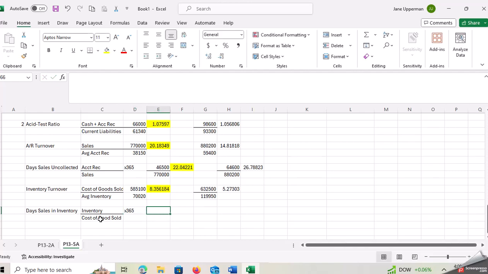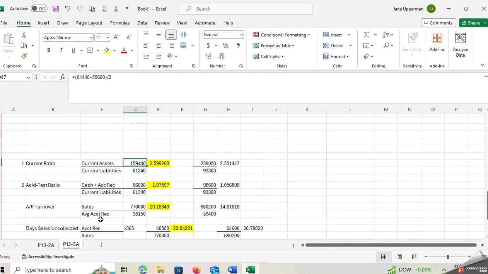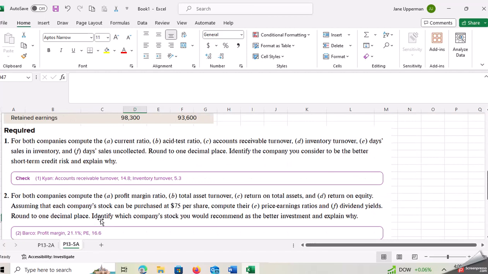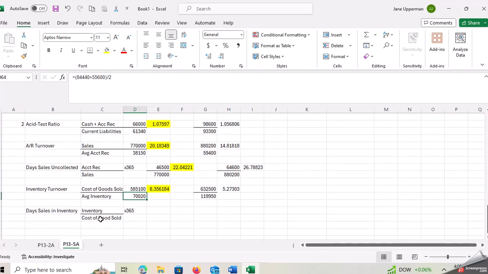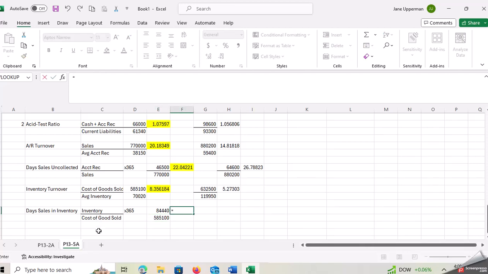So our inventory ended at 84,440, right? 84,440. And then our cost of goods sold is 585,100.